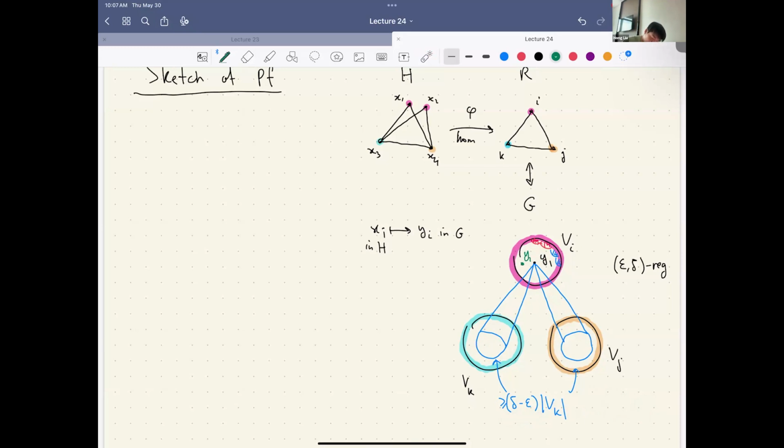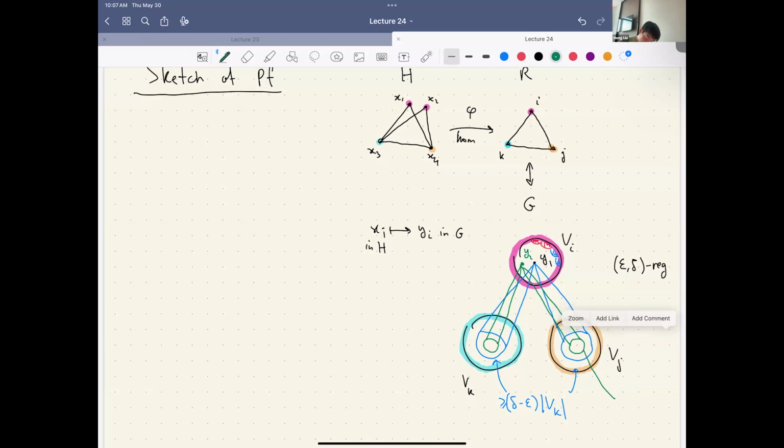Let's say I embed it here. And the rest you can already guess. We have y2 having the correct degree to these parts. We're going to update them again. And update this part again.